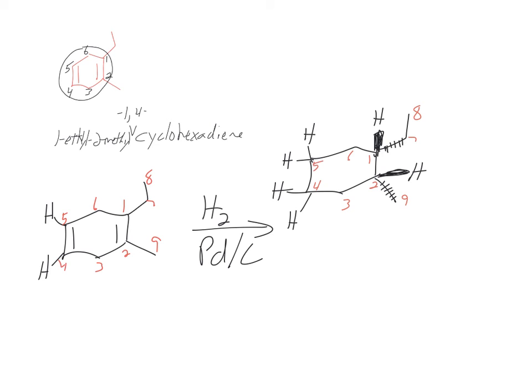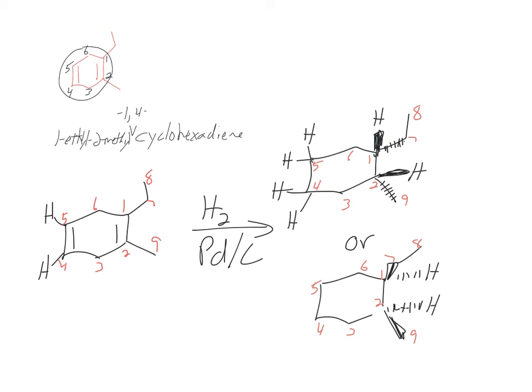But could we make the other enantiomer? Everything's opposite, right? Or we could have it like this. 1, 2, 3, 4, 5, 6, 7, 8.